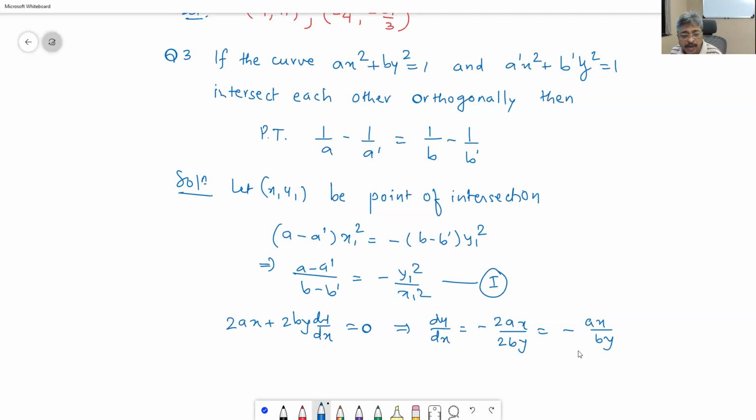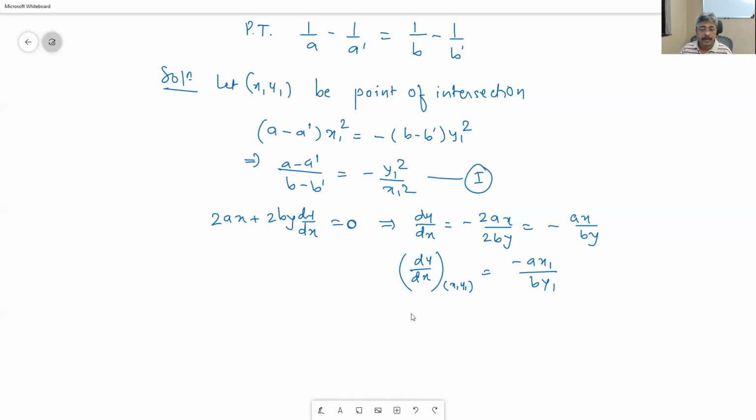So this is the general slope at any point x comma y on that curve. So we want dy by dx at x1, y1, it will be minus ax1 upon by1.